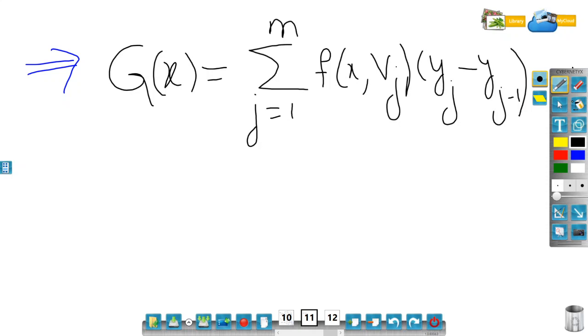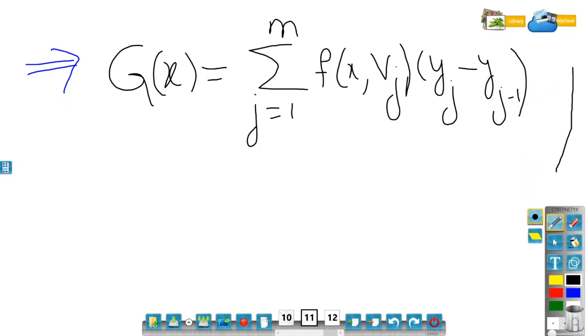Let's number this as 2. I have only numbered 1 so far, so let me number this as 2.